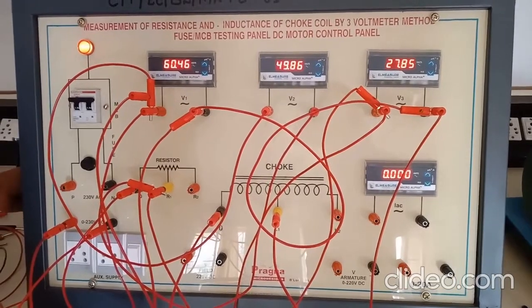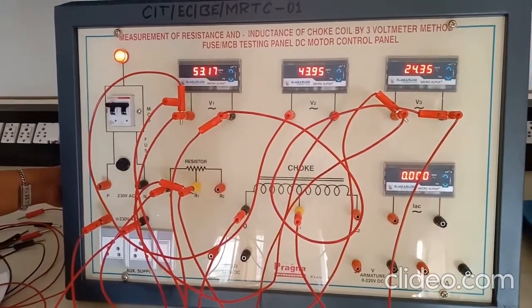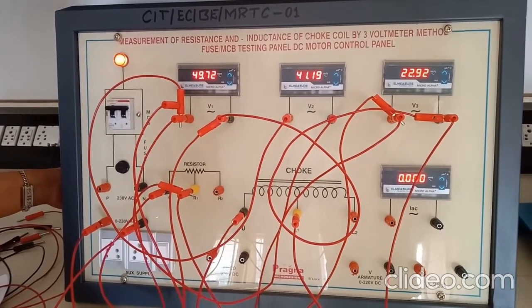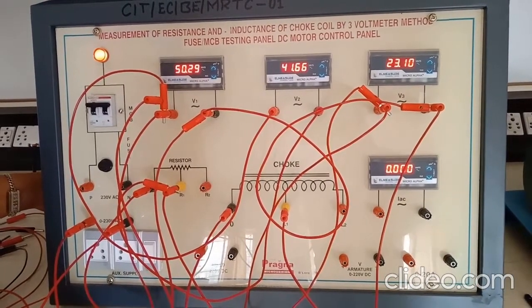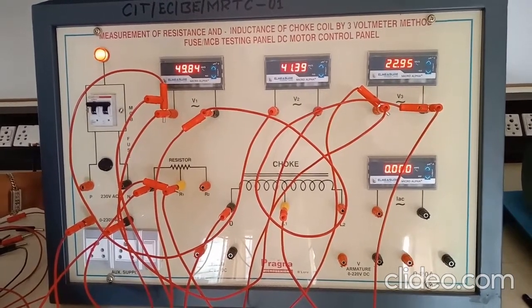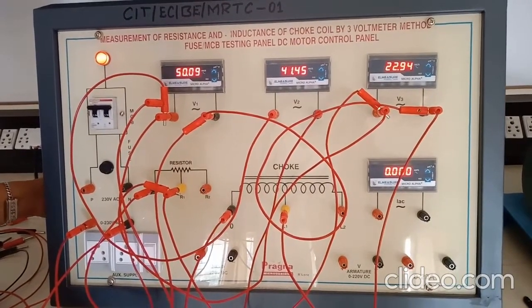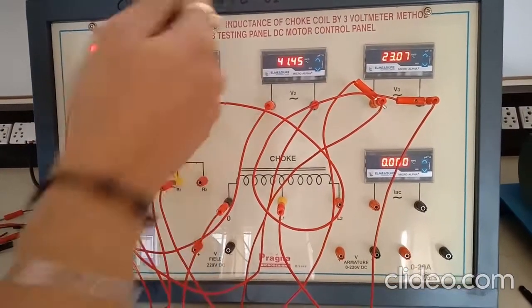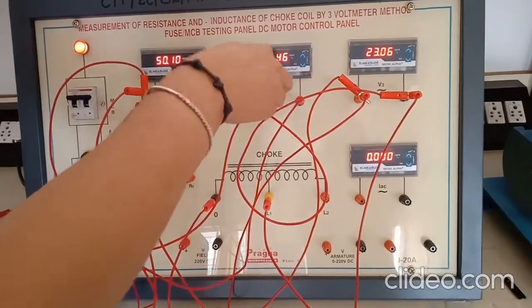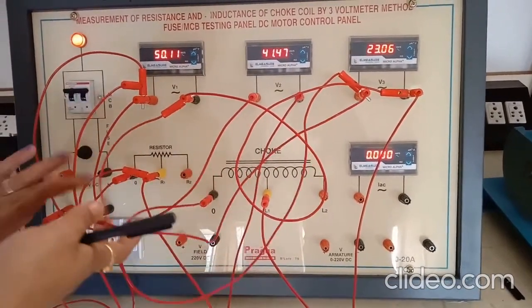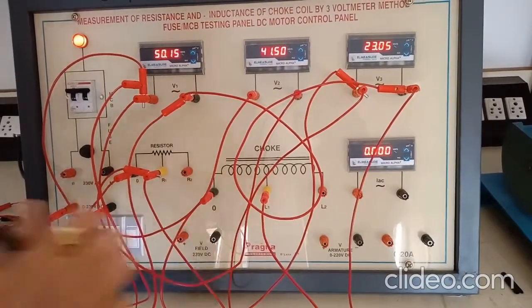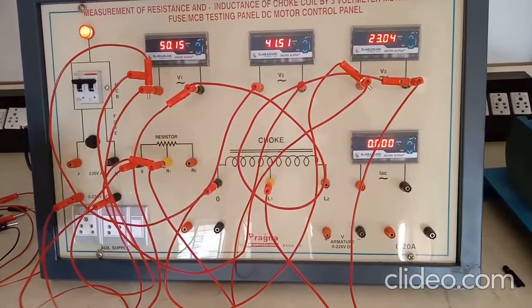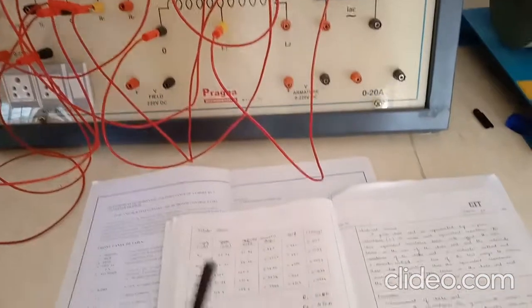I am setting it for 50. So now it is 50. And we have to note down VR, that is the voltage across this resistor, and V choke, the voltage across this choke.